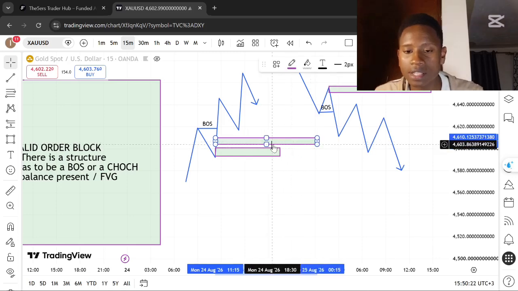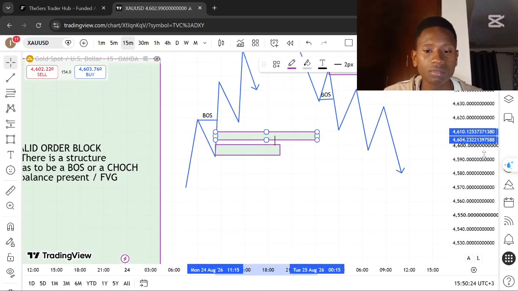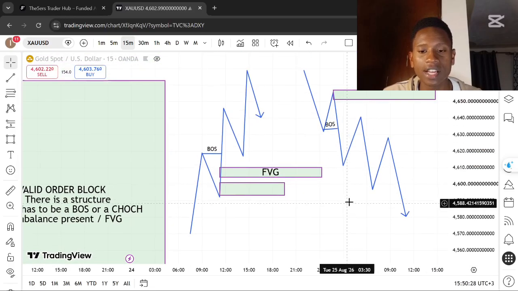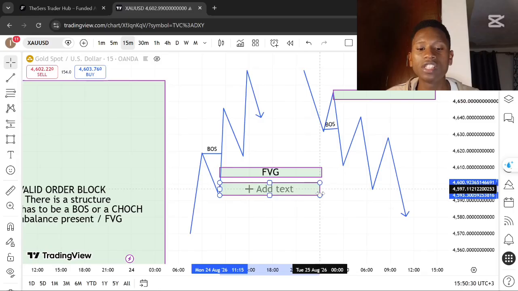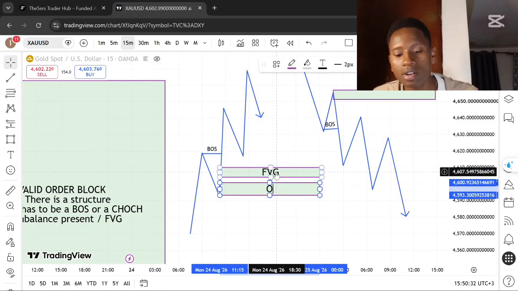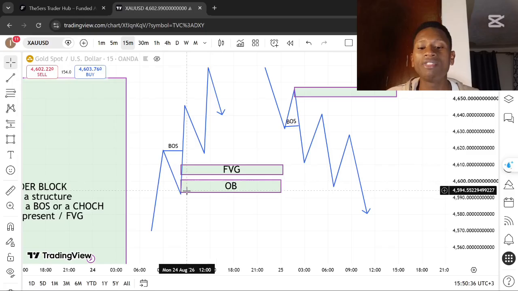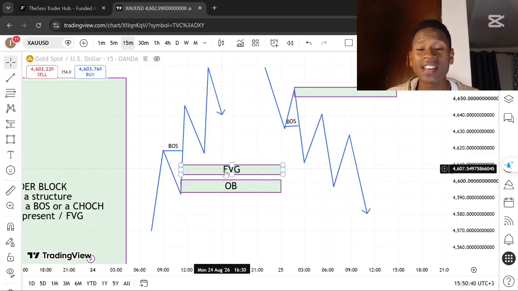Let me mark this as an FVG. There has to be an FVG like that, a fair value gap. If this is the order block, let's mark it as an order block, OB. If this order block is to be valid, there has to be an imbalance here.